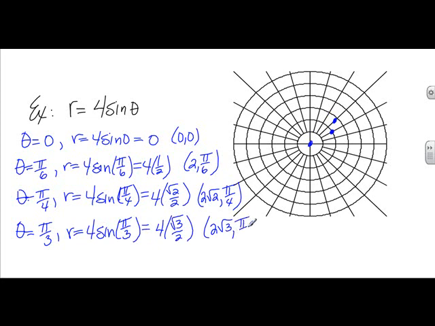So 2 square roots of 3 is 3.5 roughly. So I think about the angle pi over 3 radians, and then I move out that line about 3.5 units.